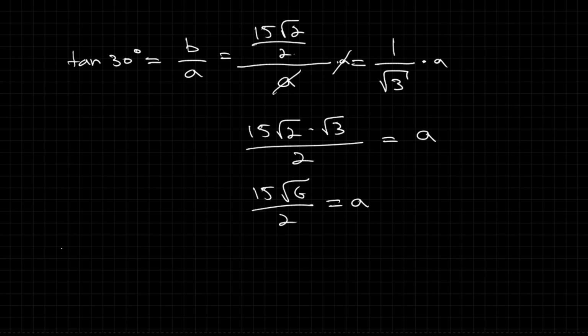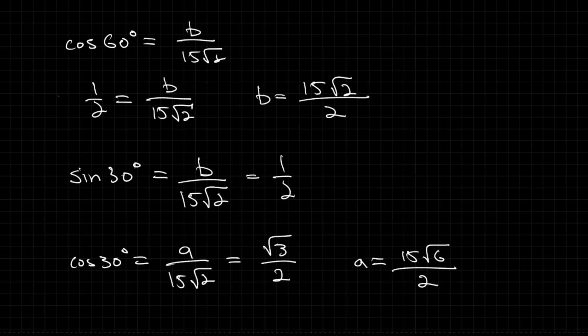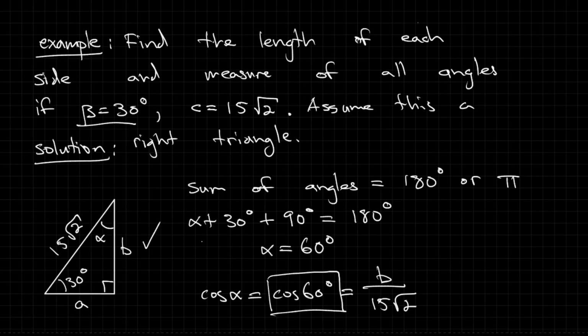And finally, one more way to figure out what a is. I won't go through the calculation, but I'll show you what the calculation is. Remember, we know what b is and we know what c is, and this is a right triangle. Therefore, the Pythagorean theorem applies, and a squared plus b squared has to be c squared.